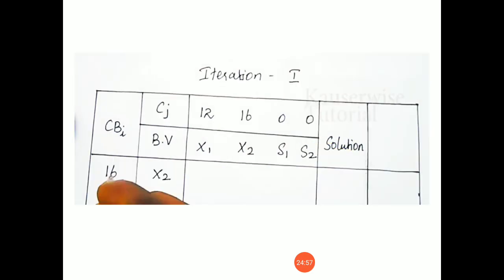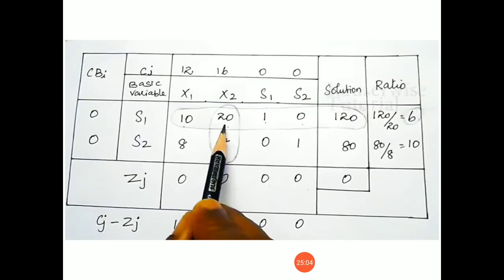Now, next step is I need to write below the basic variables. In the initial simplex table that I made, below the basic variables I wrote s1 and s2. But in the iteration 1 table, what will be the elements that I will be writing below the basic variable?